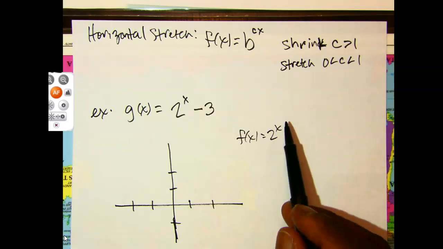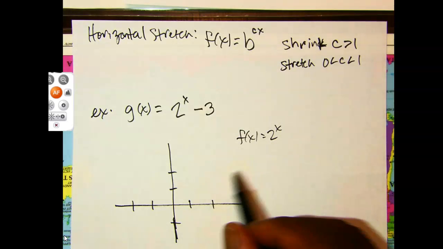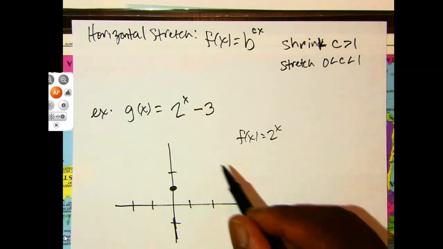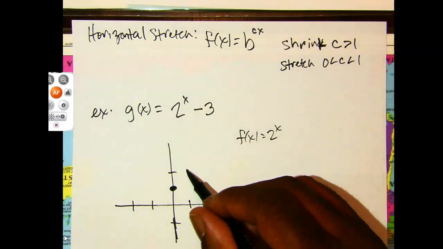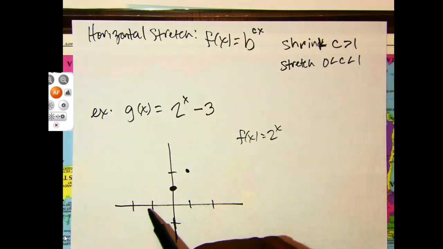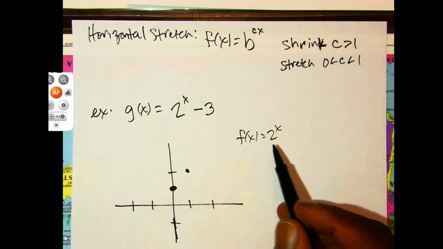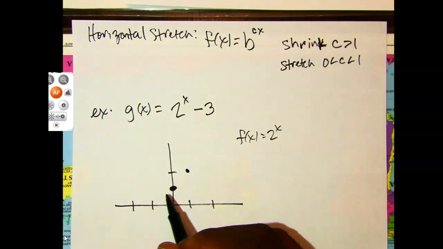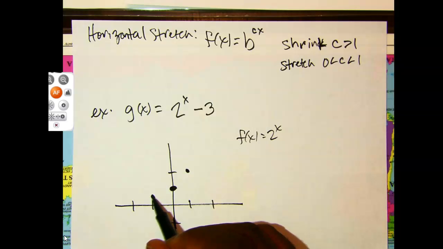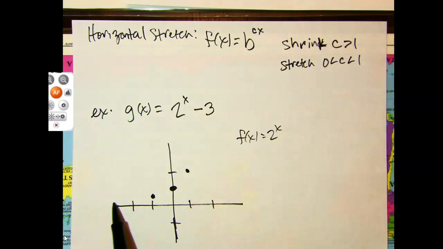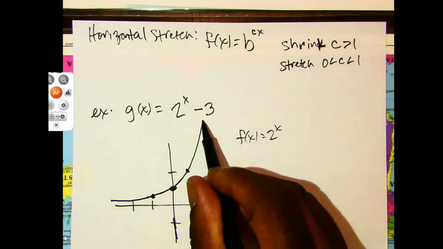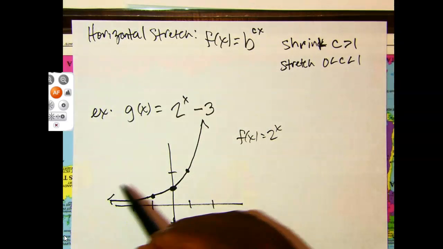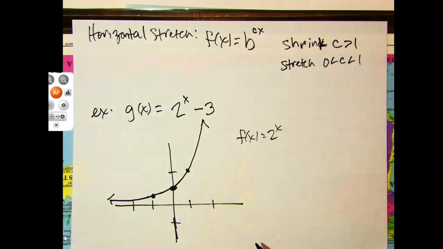So when x is equal to 0, you're going to get 2 to the 0, so we'll be right here at 1. When x is 1, you're going to get 2 to the first, which is 2. We're going to be here. When x is negative 1, 2 to the negative first is 1/2. So we're here. So 3 key points there. So we know our graph is going to do this. All right, so that's our parent function, 2 to the x.